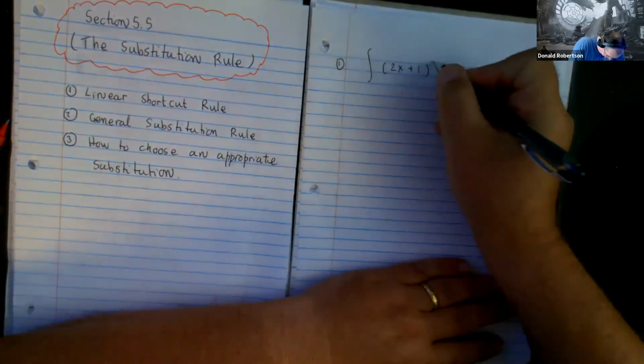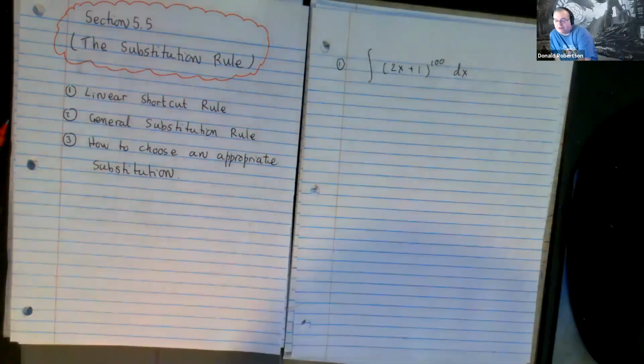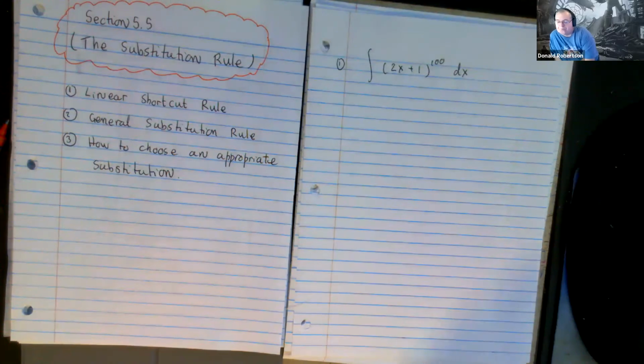Suppose I wanted to do the antiderivative of that guy. Right now, the only method you've got would be to FOIL that darn thing out. Can you see that that ain't going to happen? Nobody in their right mind is ever going to want to do that.